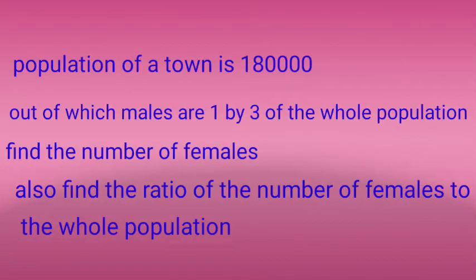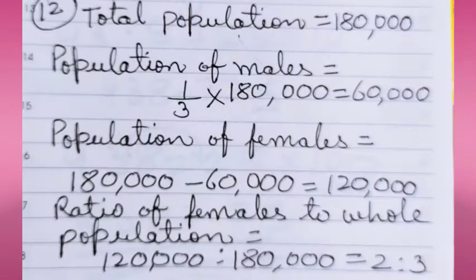Now next question number 12. The population of a town is 1,80,000, out of which males are 1/3 of the whole population. Find the number of females. Also find the ratio of the number of females to the whole population. So let's solve it. Total population is given as 1,80,000.